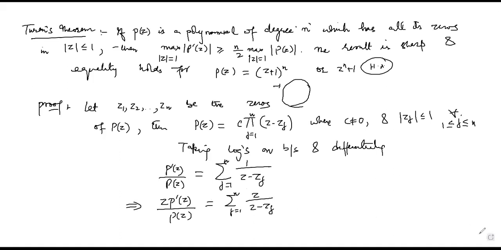Okay, next. Now for points z = e^(iθ), where θ lies between 0 and 2π, it means I am taking |z| = 1.